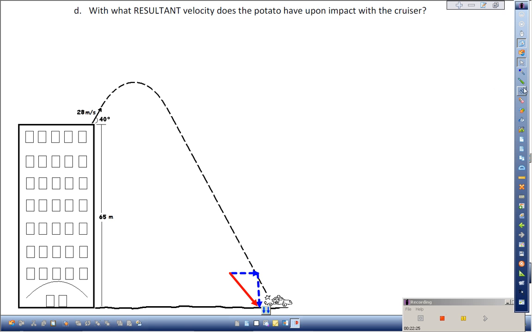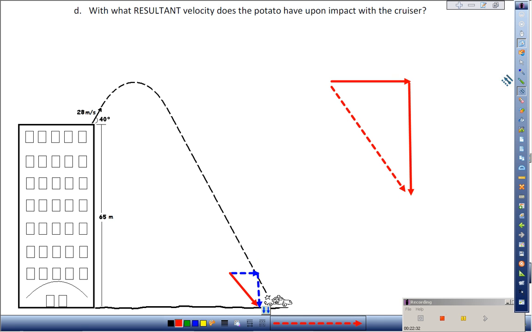So if I could use those values, my horizontal and my vertical velocity, then I can find the resultant by just using the Pythagorean theorem. I happen to know that my horizontal velocity remains a constant 21.4 meters per second. My final velocity, though, when I hit the police cruiser in the vertical direction is not known. But I do know an equation that I can use to solve for it.